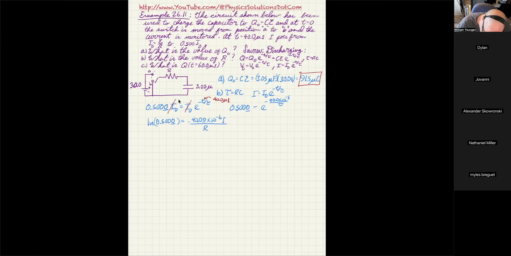We don't know R, but we do know C, so I'm going to put in C is 3.05 times 10 to the negative 6 farads. So I can go ahead and solve for R, and R is equal to 40 divided by 3.05.